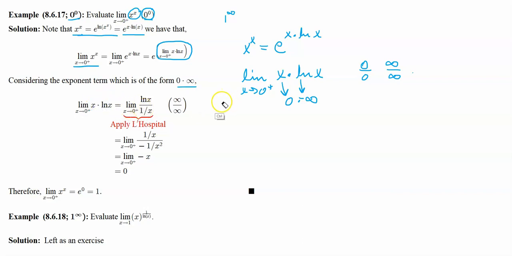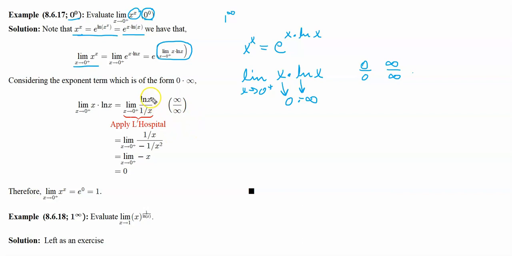Now you see this is of the form infinity over infinity, because as x is approaching 0 from the right, ln of x is approaching negative infinity, and 1 over x is approaching infinity. So this limit is of the form infinity over infinity, so we can apply L'Hopital's rule.